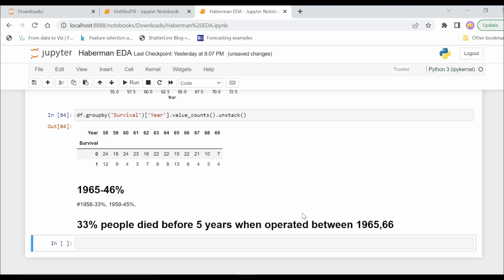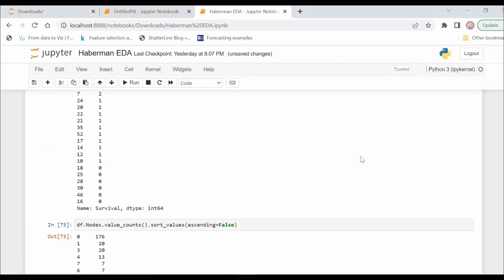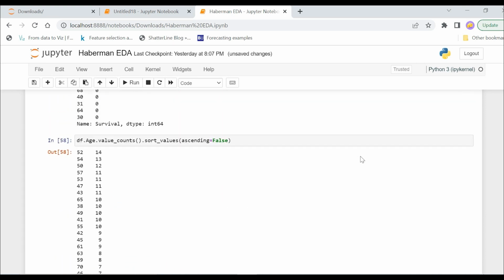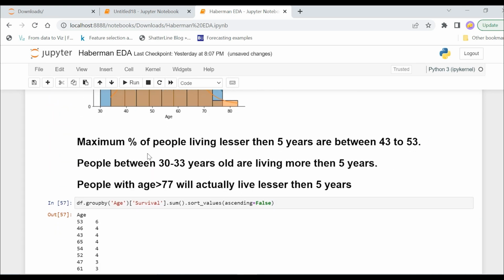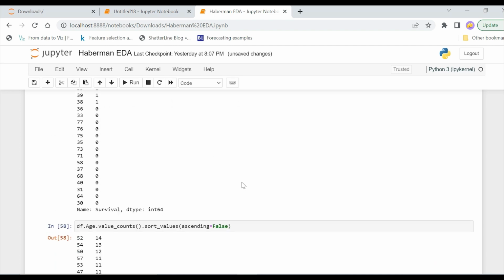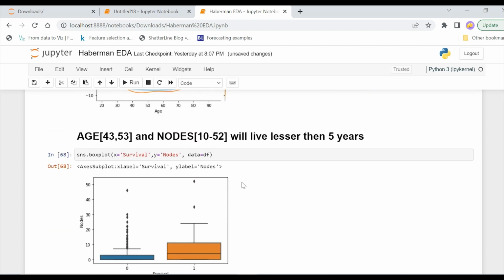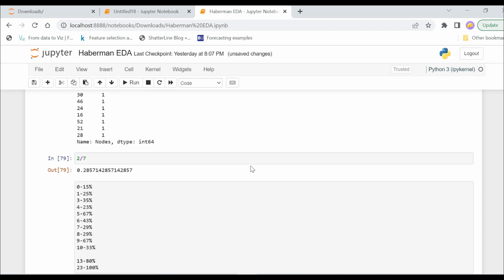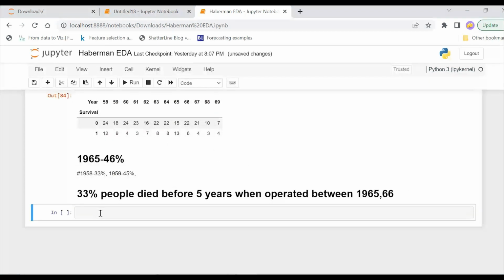By this you can see how importantly we did bivariate analysis to come out to conclude all these points, these 3 points. Then you have these 2 points, nodes importance and all these things, and then year also.